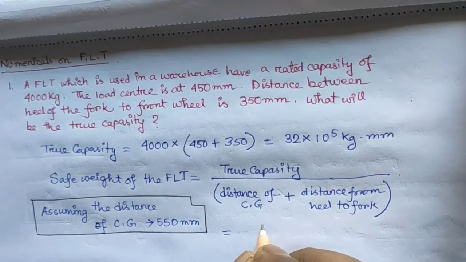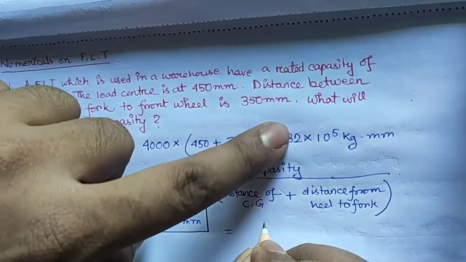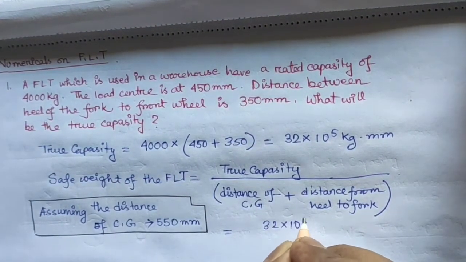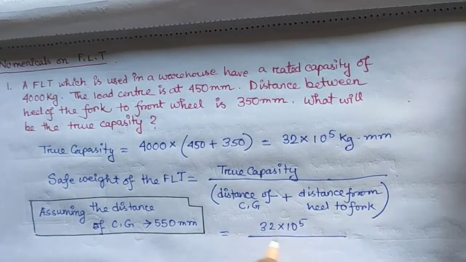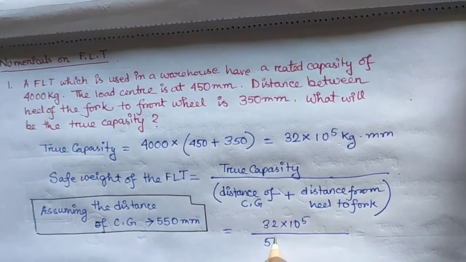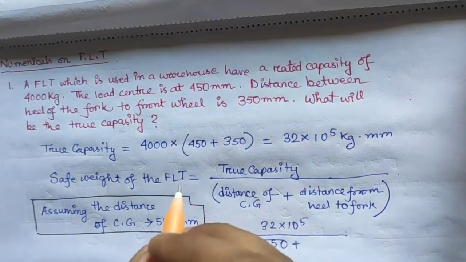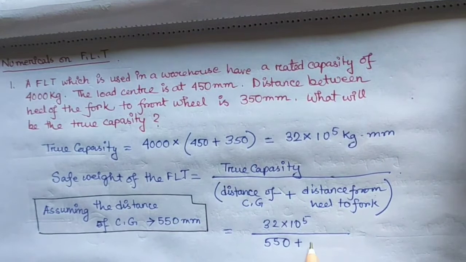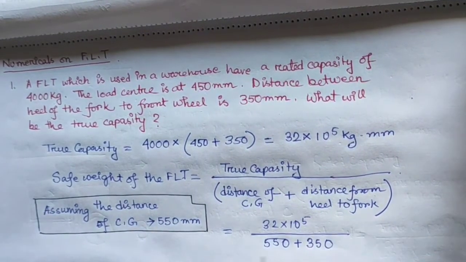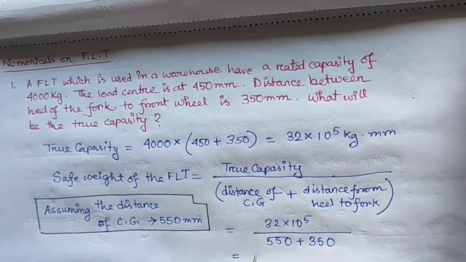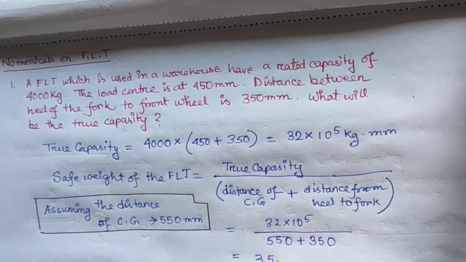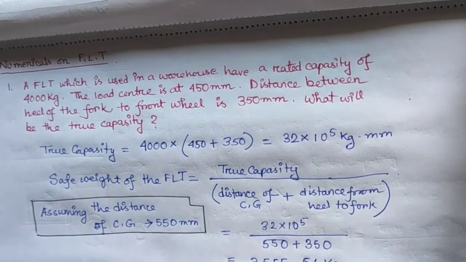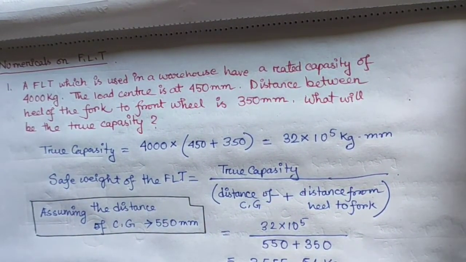then its safe weight will be the true capacity, that is 32 into 10 to the power 5, divided by the distance of the CG, that is 550, plus the distance from the heel of the fork, that is 350. If we calculate this, the answer will be about 3555.56 kg.